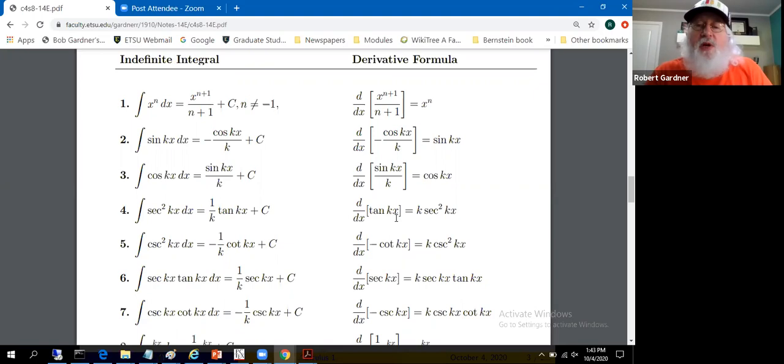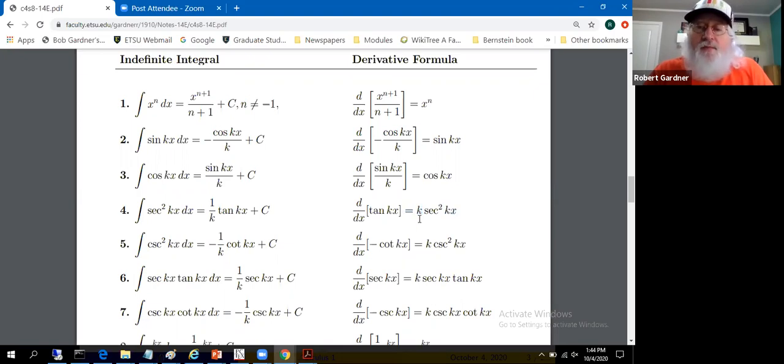Here, just a constant multiple. They've commonly used k for that. If we differentiate tangent of kx, derivative of tangent is secant squared. So we differentiate the tangent, producing the secant squared, rewrite the inner, and multiply, chain rule says, by the derivative of the inner. The derivative of kx is k, and that's why there's a k out front.